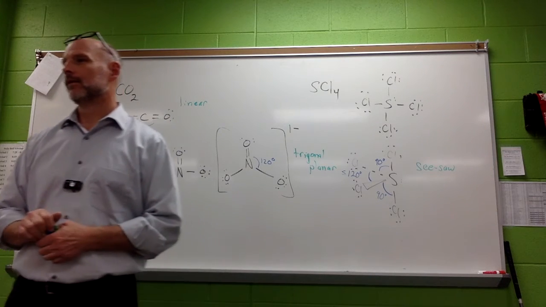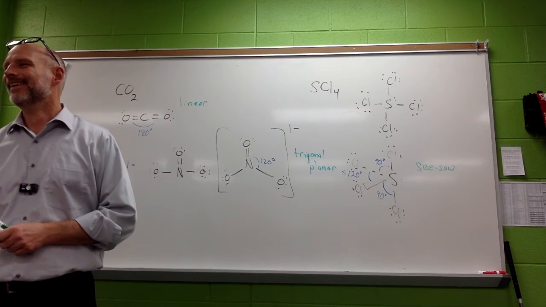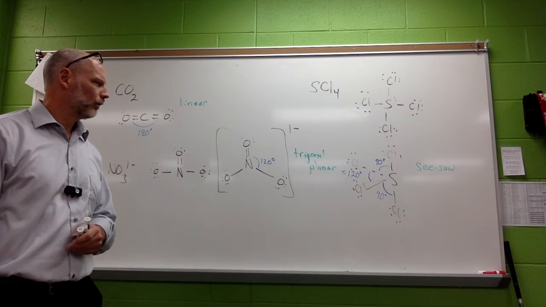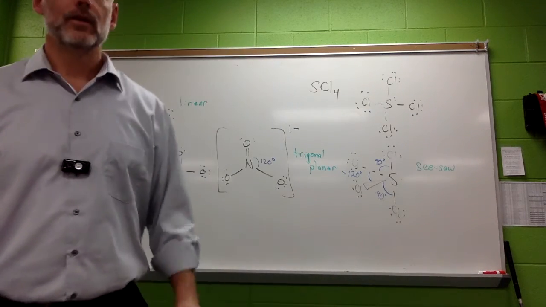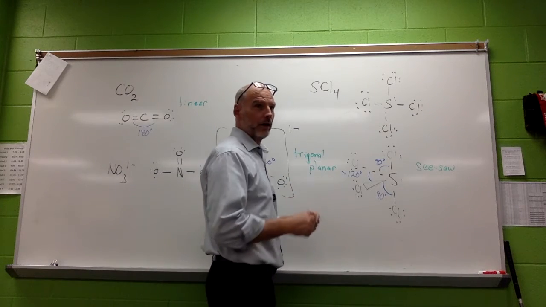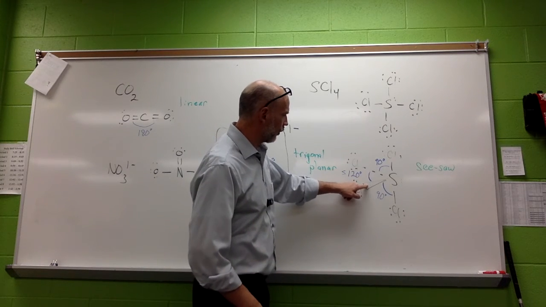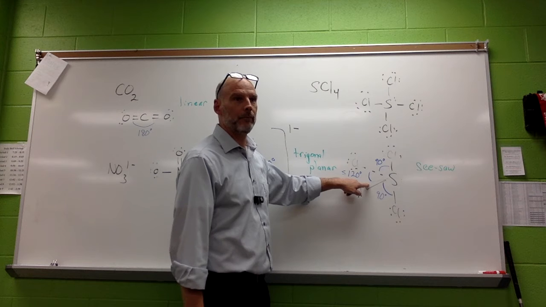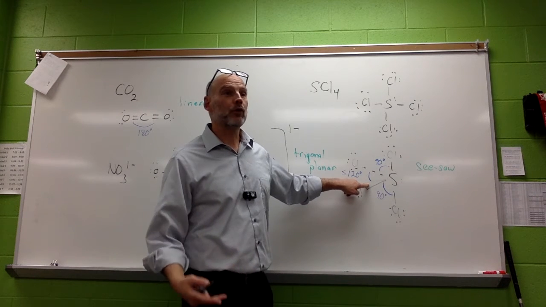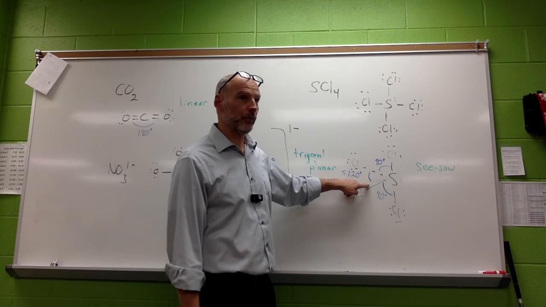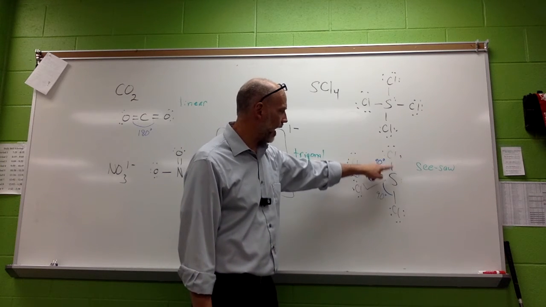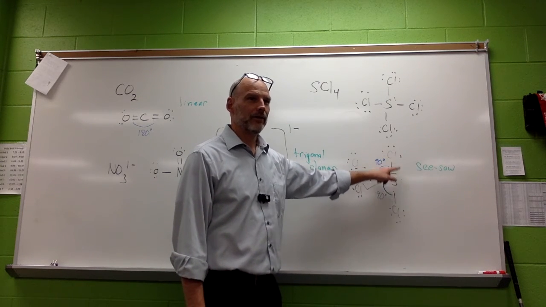Yes? How will we identify which degree this is? Well, I'm still kind of confused about which 90 degree and which 120. Well, let's look. What positions are these in? Equatorial. And how are the equatorial positions related to the axial positions?